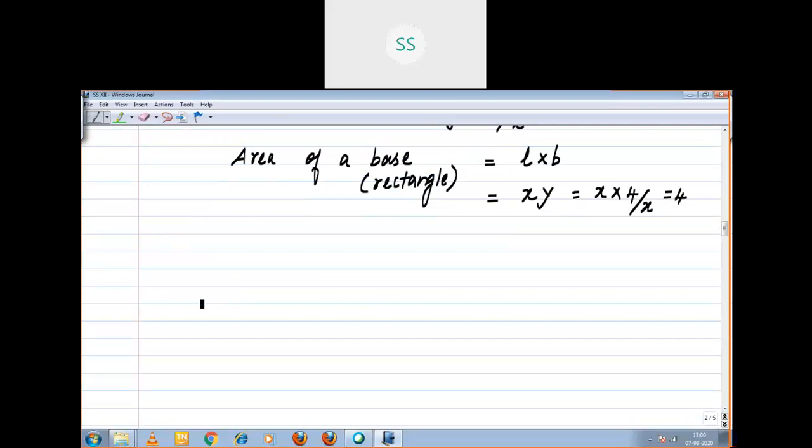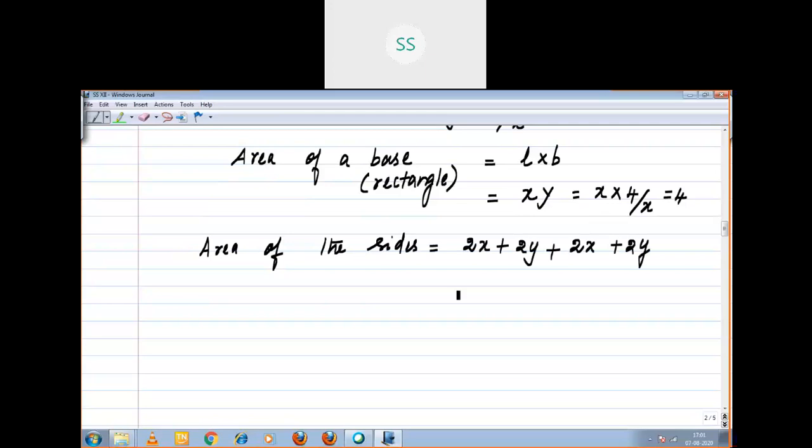Area of the four sides is equal to 2x plus 2y plus 2x plus 2y.